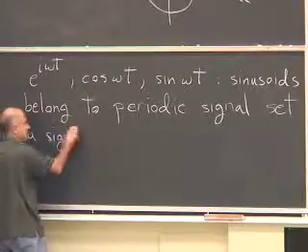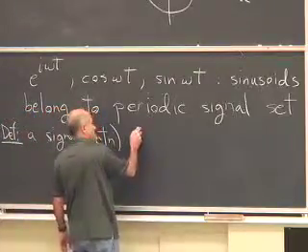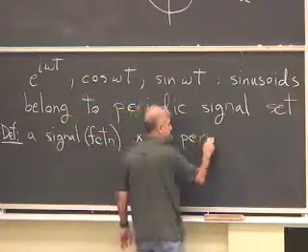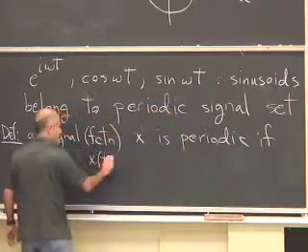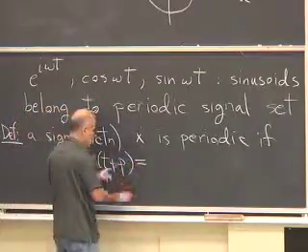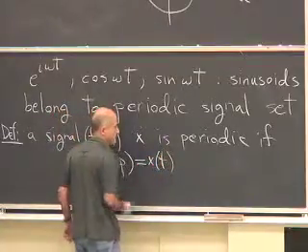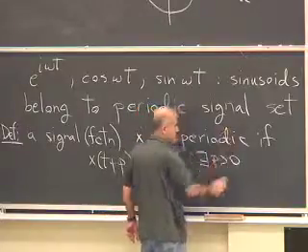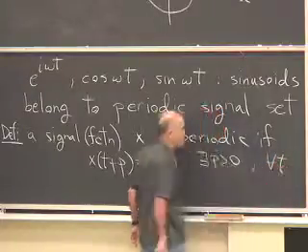A signal or a function x is periodic if x of t shifted by some amount p is equal to x of t for some p greater than 0 and for all t.